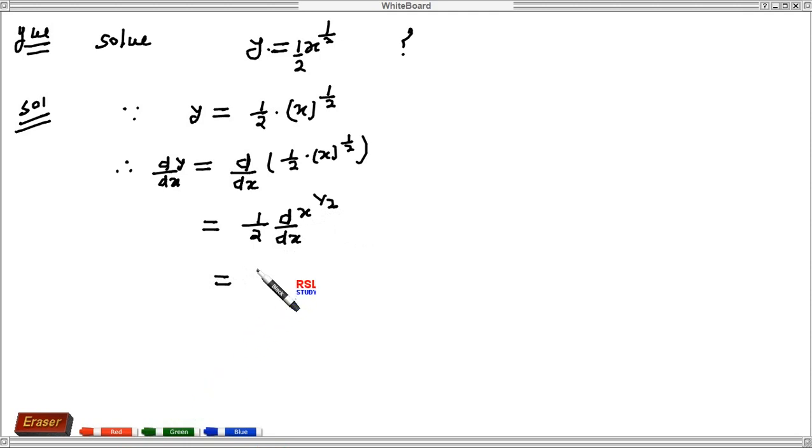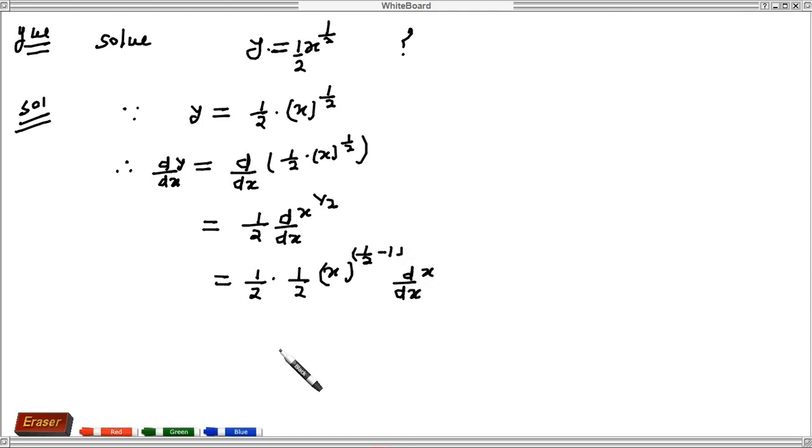Now this we will differentiate under the rule of d/dx of x power n, where n is 1 by 2. So differentiating it, 1 by 2 will be out, that is n x to the n minus 1, and n is 1 by 2, that is 1 by 2 minus 1.